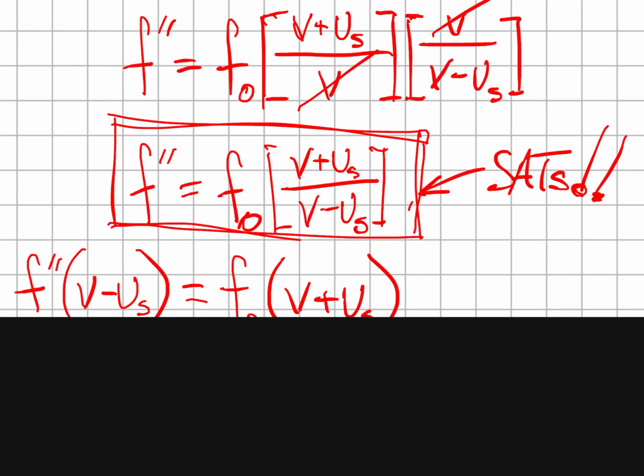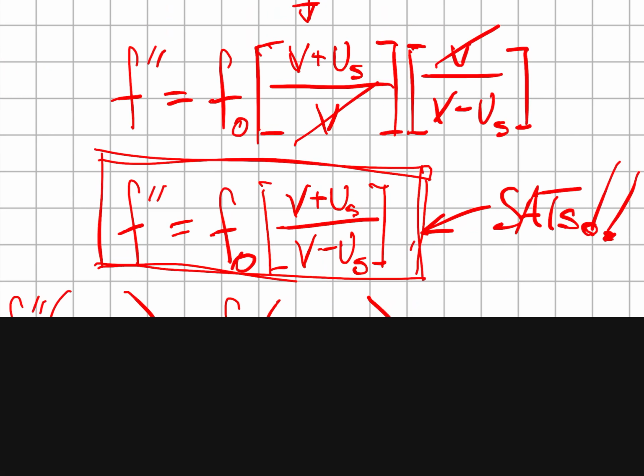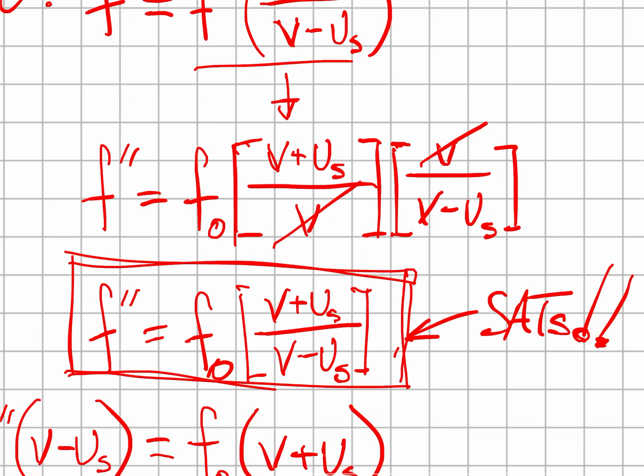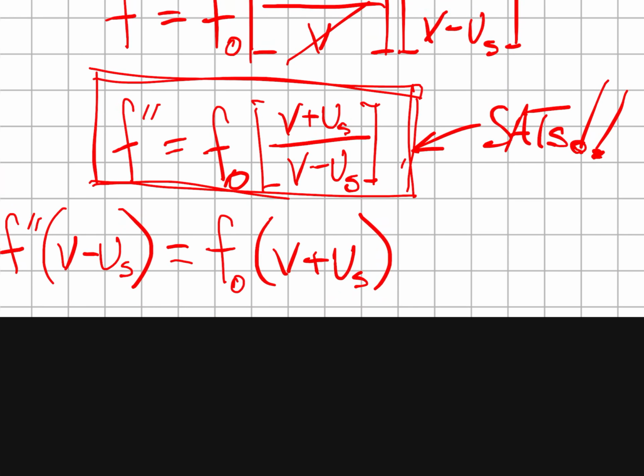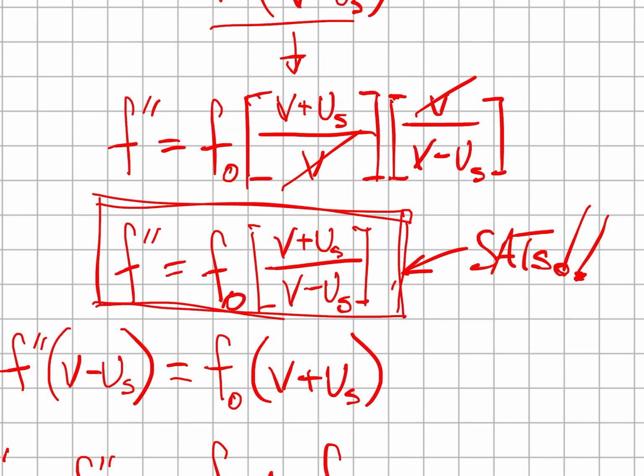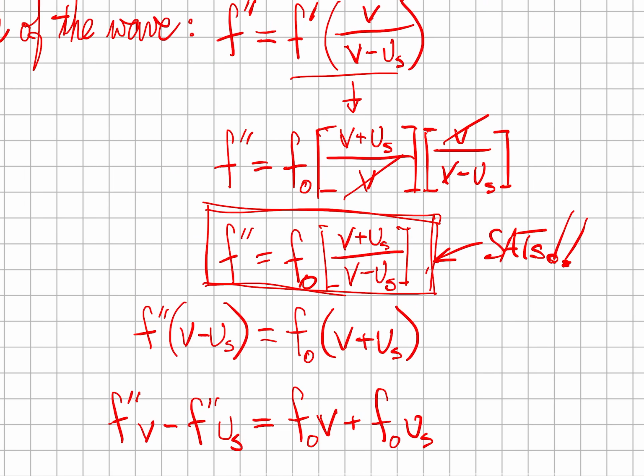So we have F double prime is equal to F prime, which is F sub 0 times the quantity velocity in air plus the velocity of the vehicle divided by velocity in air, et cetera. I don't want to go through this whole thing. But as you can see, we will get a final equation that looks like this. And evidently, those of you who have taken your SATs may recognize this equation.